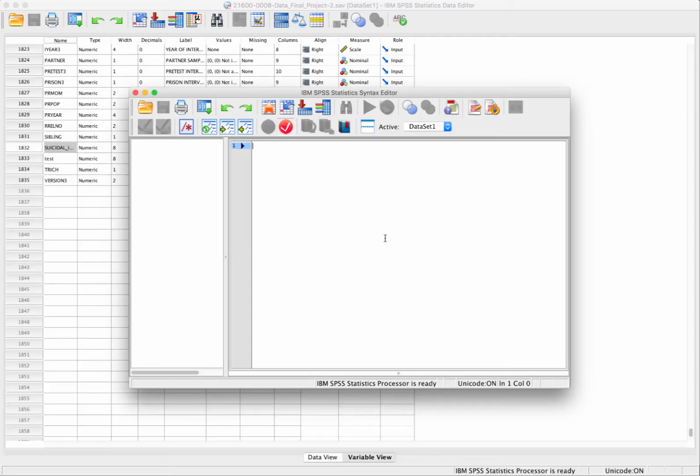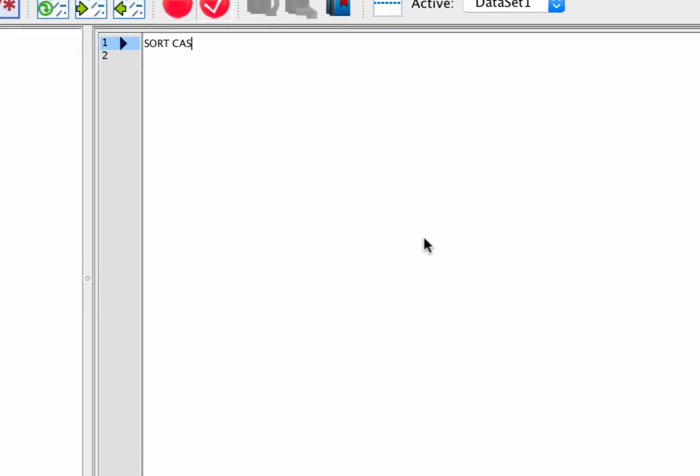Okay, so let's start. Let's go ahead and sort our cases by suicidal ideation. That's the name of the variable. Descending.